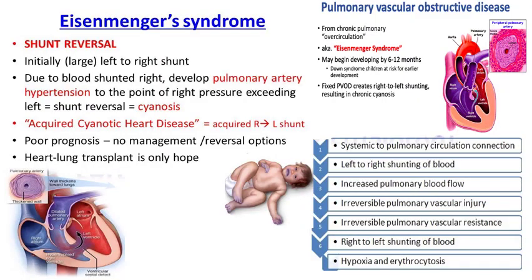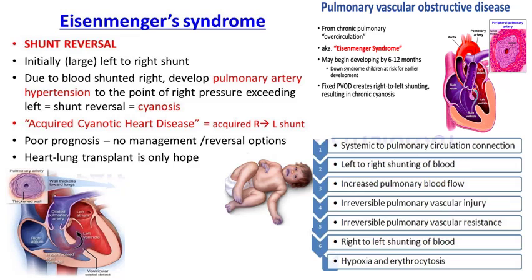Next, coming to the muscular septal defect, this is called Eisenmenger's syndrome, where you will see the shunt reversal, which is also called shunt reversal syndrome.